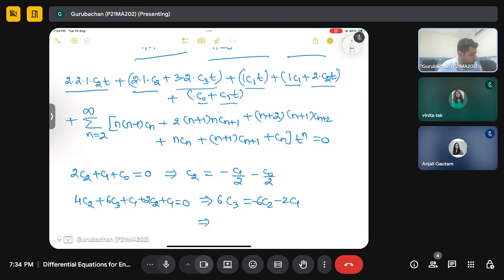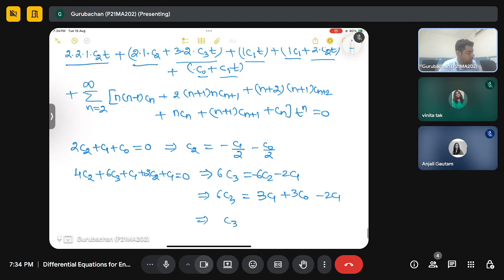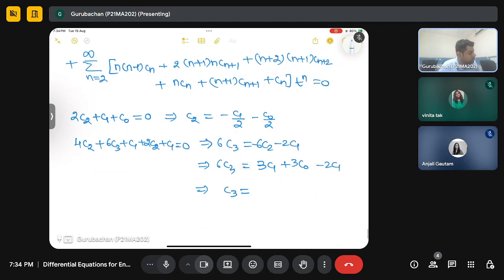If you put the value of C2 here, minus minus will get plus 2 times C1 plus 2 times C0 minus 2 times C1. So this will give you C3 will be equal to C1 by 6 plus C0 by 2. Let me check it. C0 by 2, C1 by 6. So it is again correct.